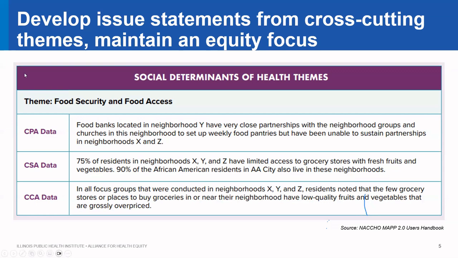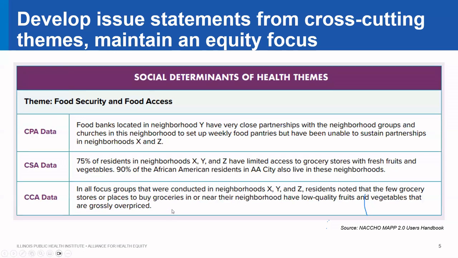In their partner assessment data, they found that food banks had close partnerships with neighborhood groups and have weekly food pantries. In the CSA data, which is that secondary data, they found that 75% of residents in these neighborhoods have limited access to stores with fresh fruits and vegetables, and 90% of African American residents also live in these neighborhoods. So you see that equity focus in the data there.